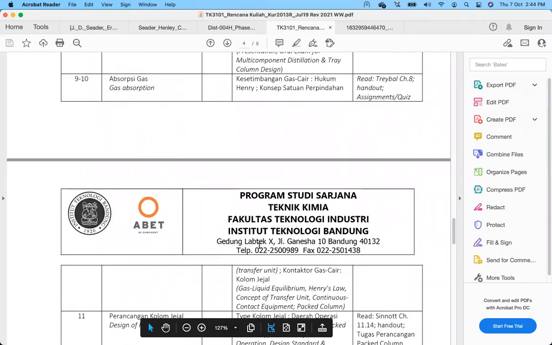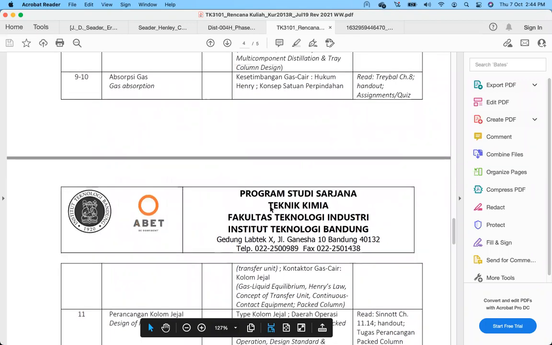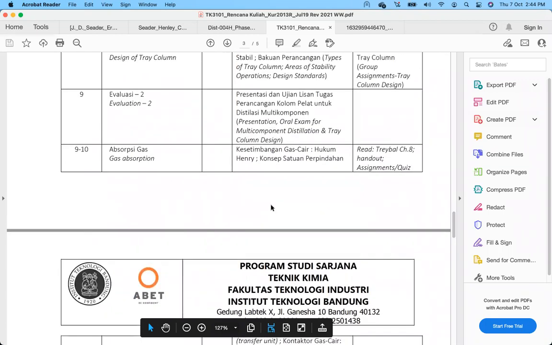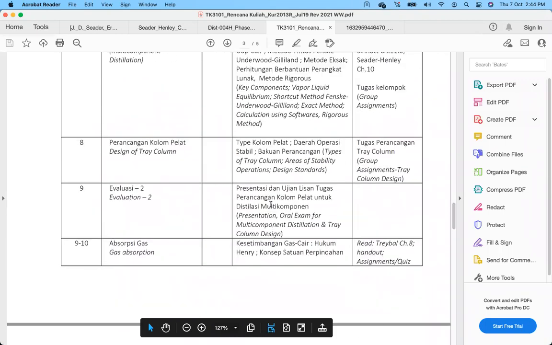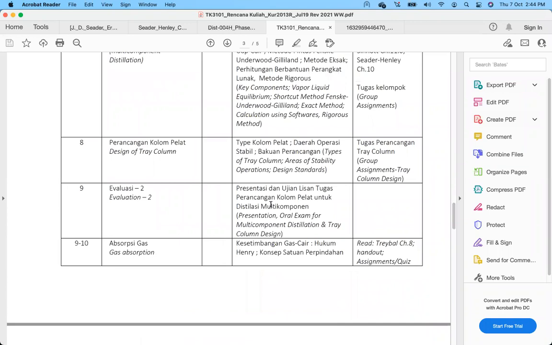It's going to be outside the class, because you will have 1 hour with me, or maybe with others. I'm interested to check with the regular classes as well, and another lecturer can check these classes, maybe for the oral exam. This is for the multi-component distillation and the tray column design.